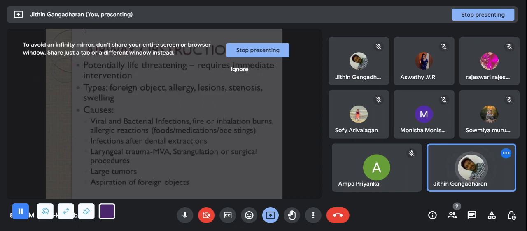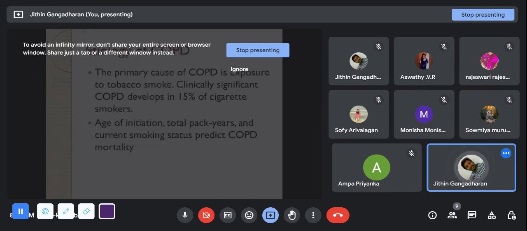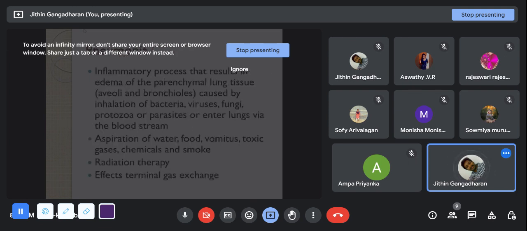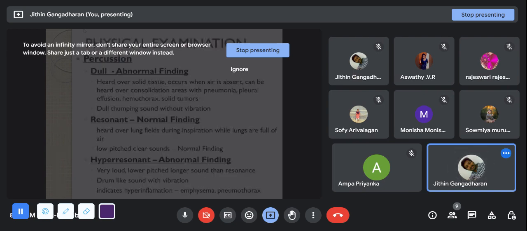So we are talking about airway obstruction, and the main cause of airway obstruction is chronic obstructive pulmonary disease. Pneumonia may also be a reason for that. So what you have to check in this airway obstruction condition, mainly in case of COPD?